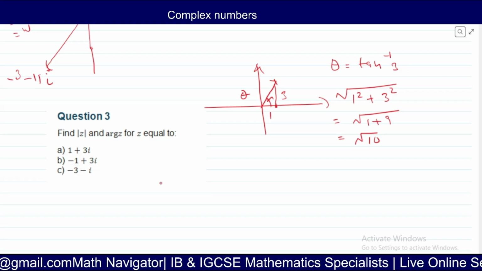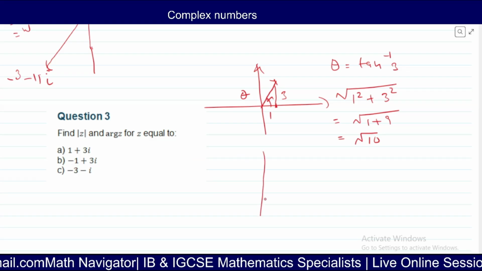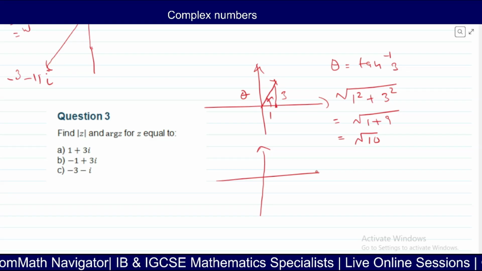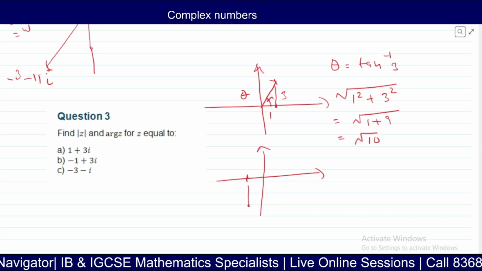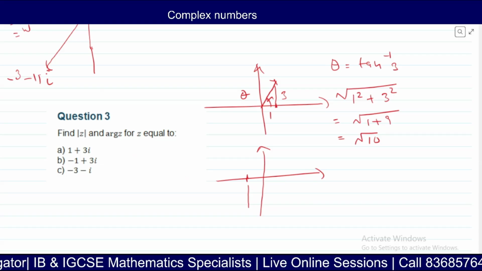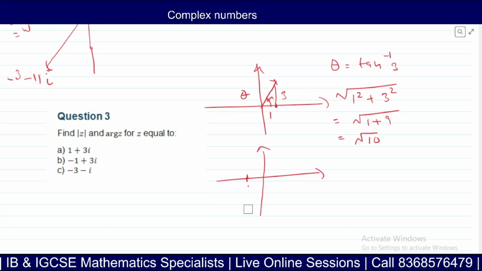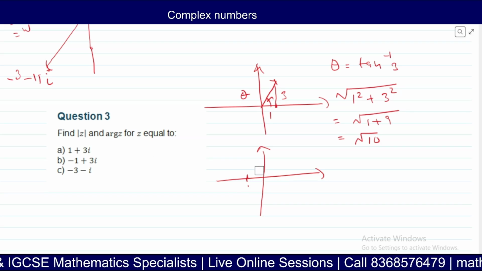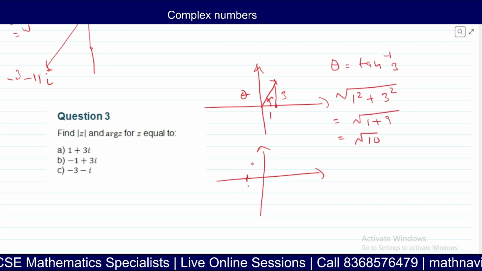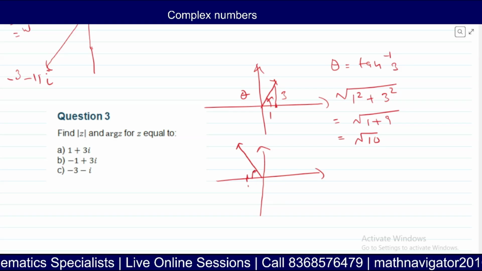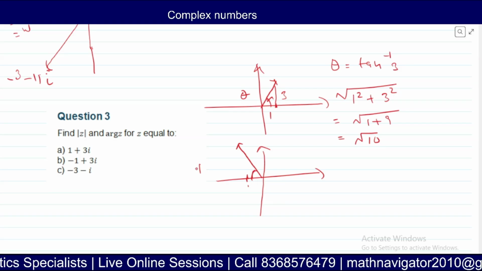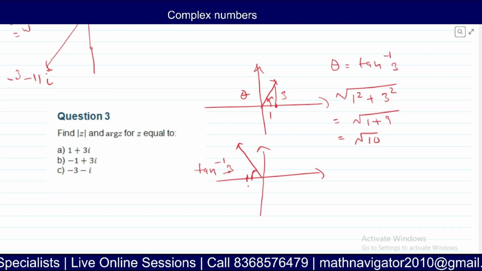Same way, if I have minus 1 and 3i, let's do minus 1 and 3i. So this will lie somewhere here. Now this angle will be tan inverse 3, right?